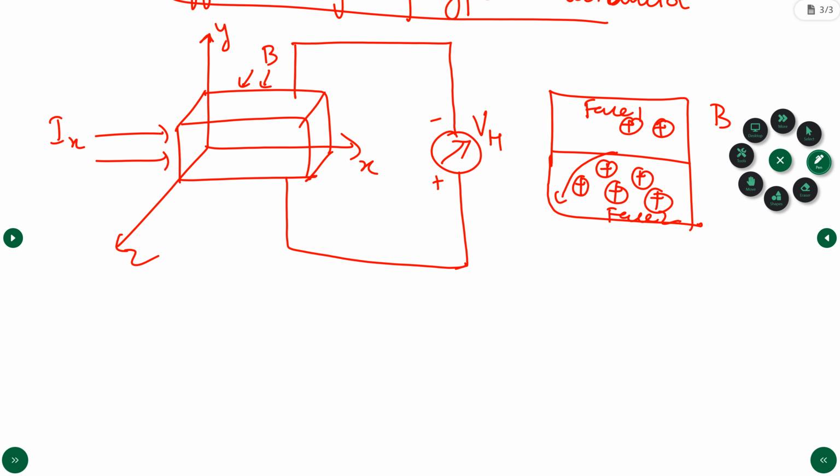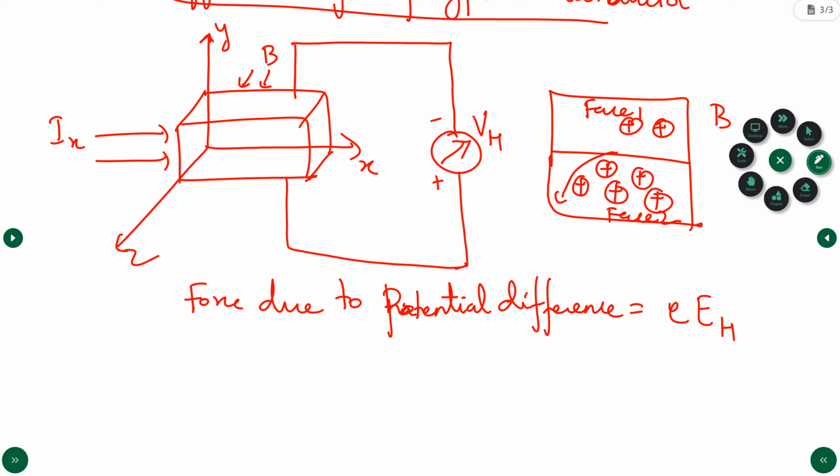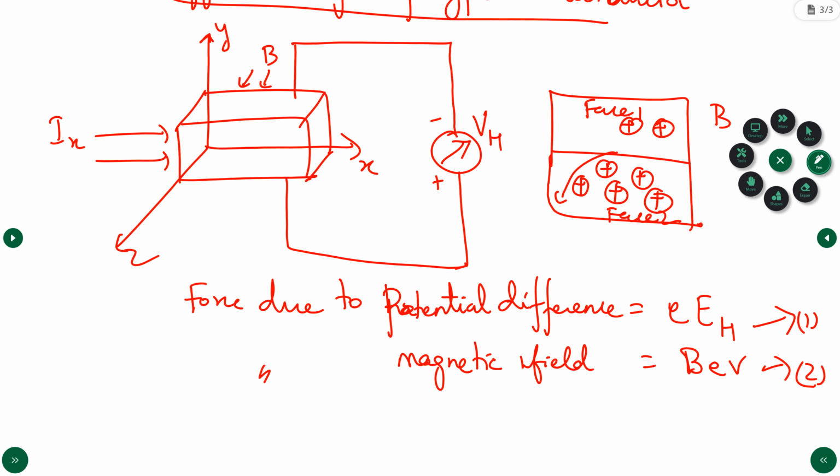Here we are considering a positive charge, so just e into EH. EH is the Hall field. And what about the other force, due to the magnetic field? It is of course B into e into V. No negative sign. So if this is 1 and this is 2, follow the same procedure and find it. Tell me what is the value.